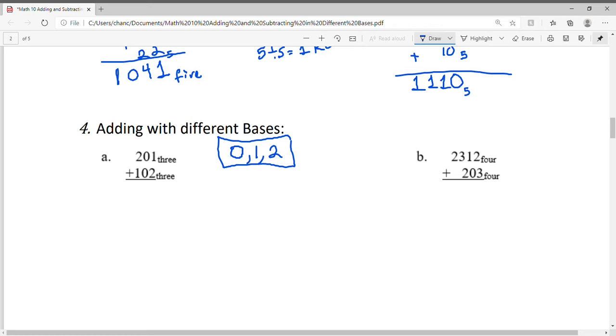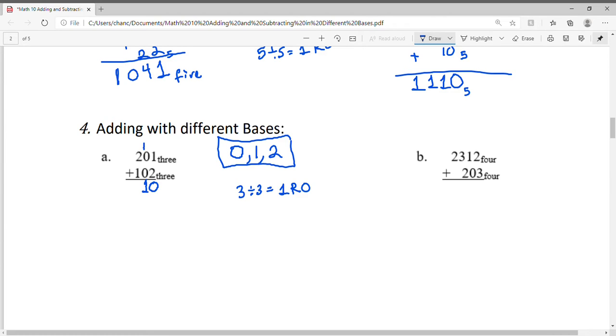1 plus 2, well, that's equal to 3. 3 does not exist in base 3. So let's divide it by 3. I get 1 remainder 0. So that means I have 0 ones, and I'll carry 1 three over. 1 plus 0 gives me 1.